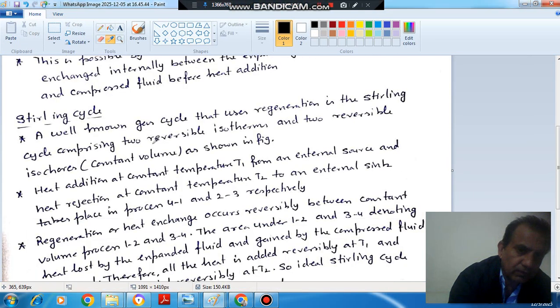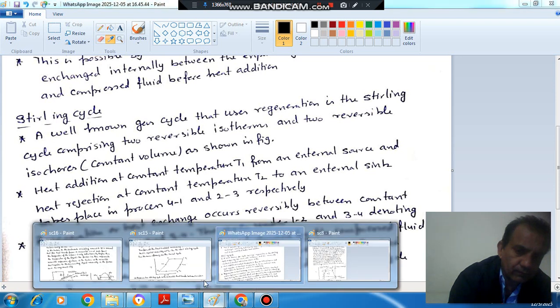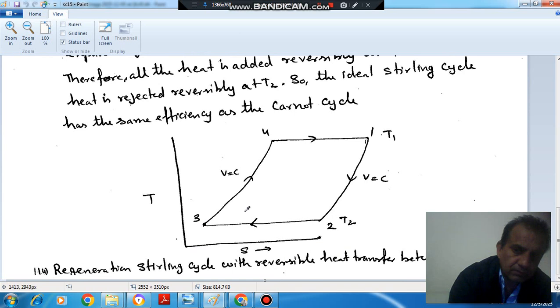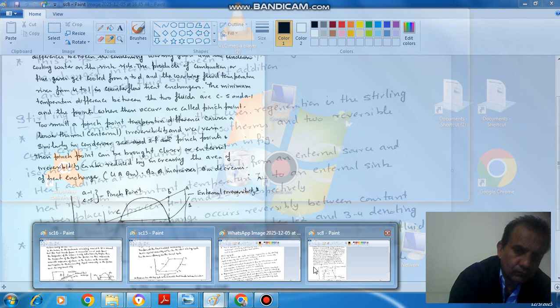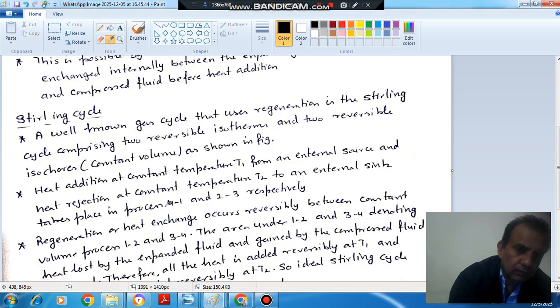I'll read out: a well-known gas cycle that uses regeneration is the Stirling cycle, comprising two reversible isothermal and two reversible constant volume processes, as shown here. This is isothermal, this is isothermal, and these are constant volume. Heat addition at constant temperature T1 from an external source and heat rejection at constant temperature T2 to an external sink take place in processes 4-1 and 2-3 respectively.